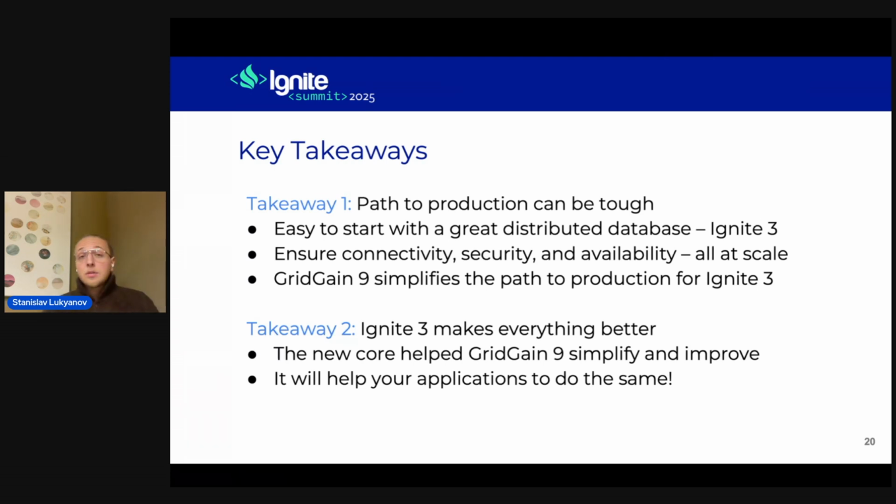And you can do it with Ignite 3, and Ignite 3 has all the tools for that. Or you can use GridGain 9, which just simplifies this path for you and gets you to production faster.